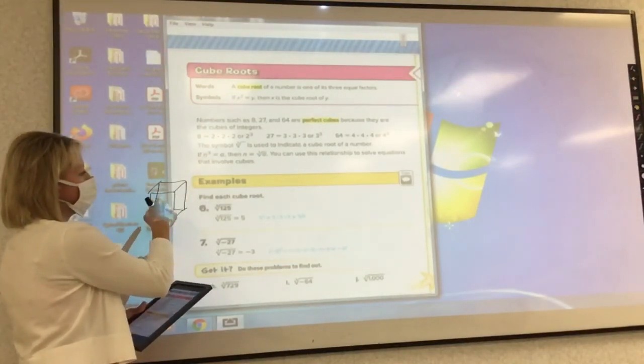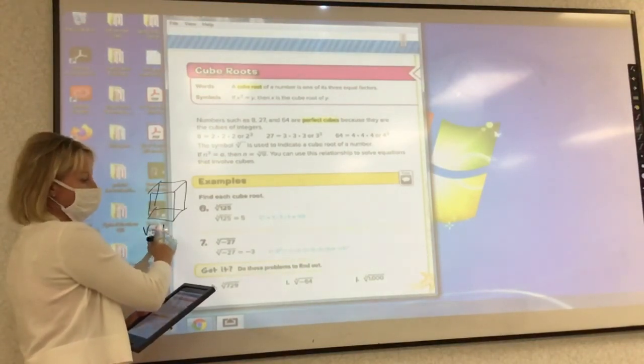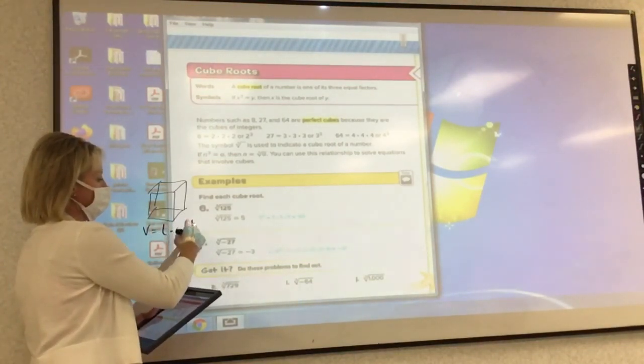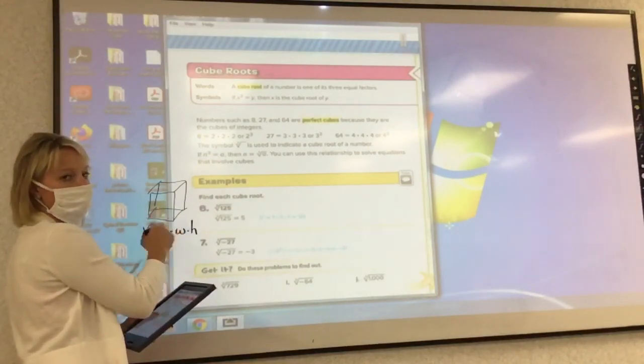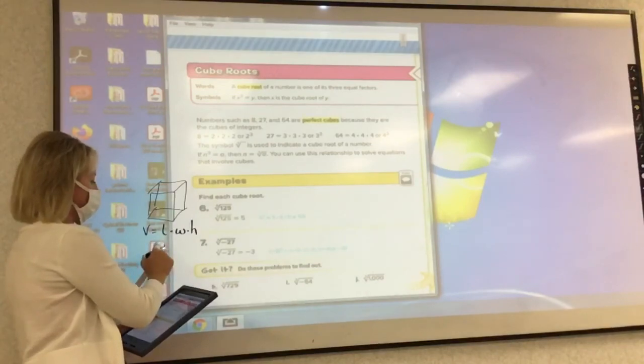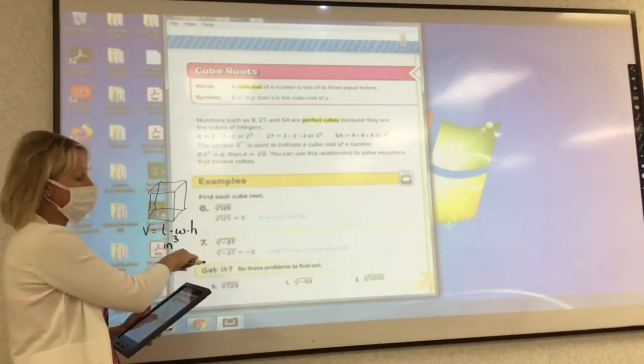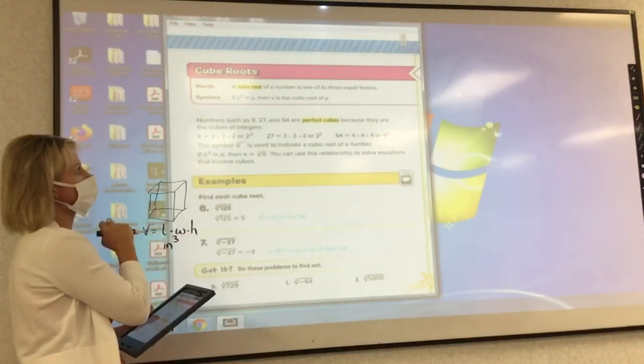And I want to find the volume of this cube. Volume is length times width times height. If it's a cube, they're all the same length. We always say the answer, let's say it's inches, it would be inches cubed. The reason why we're saying it's cubed is because there are 3 numbers.